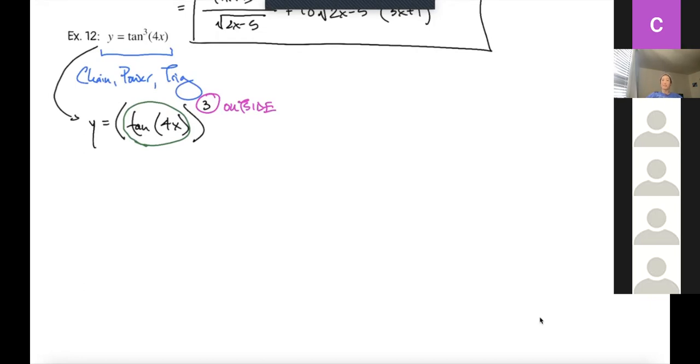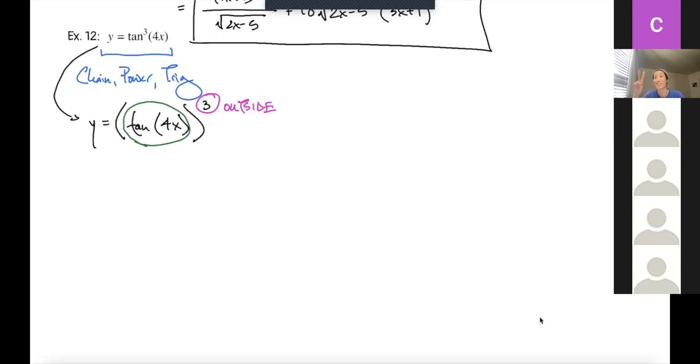So let's go back to our encounter on the street. I walk up to you, I say we've got y equals tangent cubed of 4x, and I give you a number for x. What do you do first to it? Multiply by 4. Okay. That's the first thing you do. What do you do next?